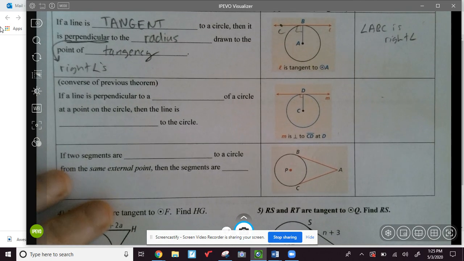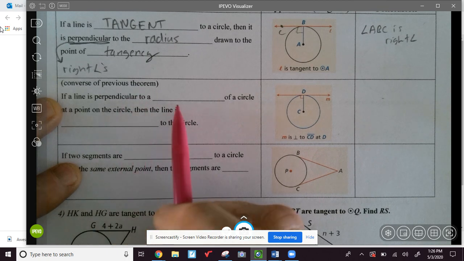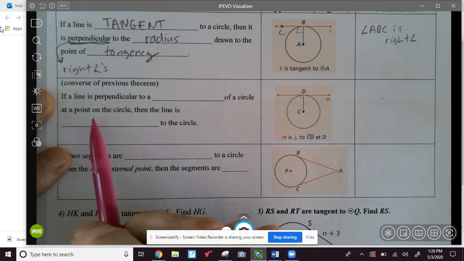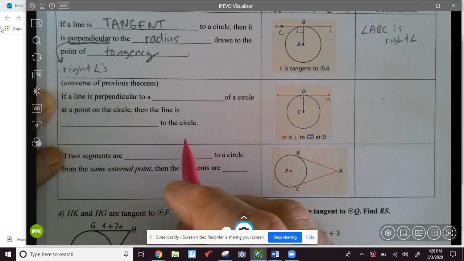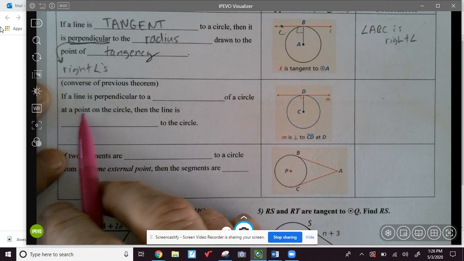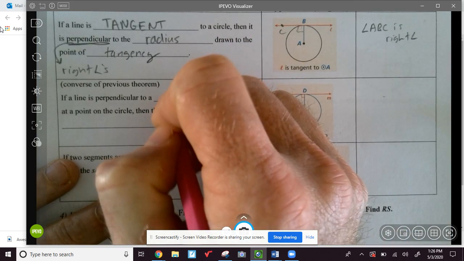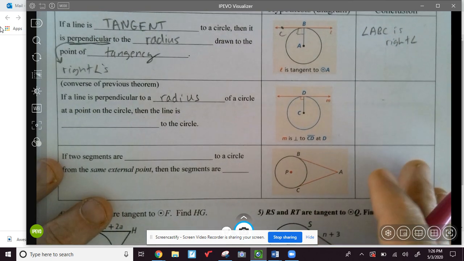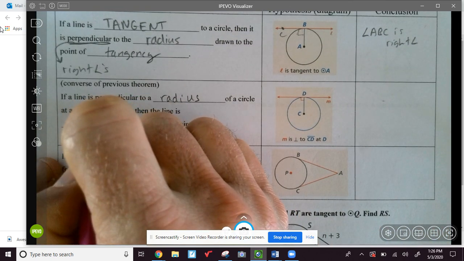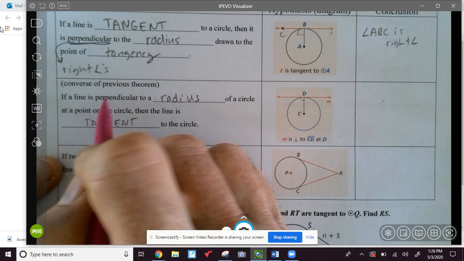Okay. All right, the converse means backwards. So if a line is perpendicular to a radius of a circle at a point on the circle, then the line is tangent to the circle. So what? The line is perpendicular to a radius, then it is going to be tangent. Again, perpendicular.